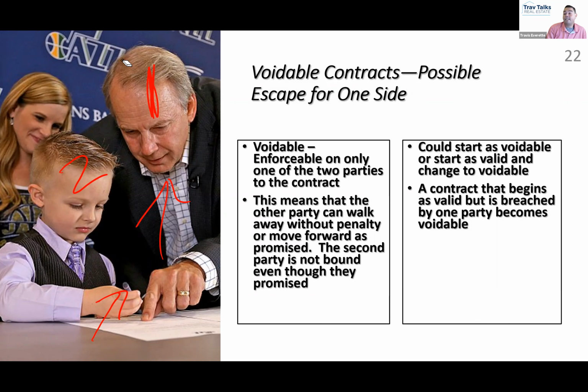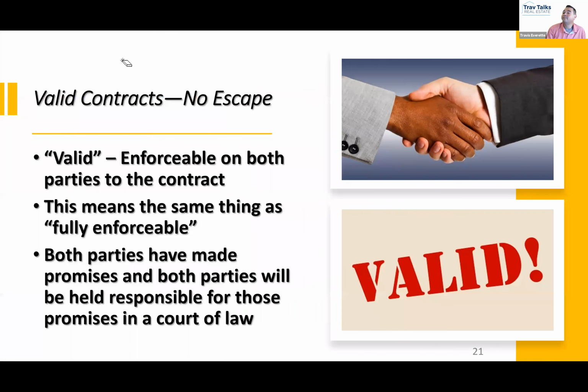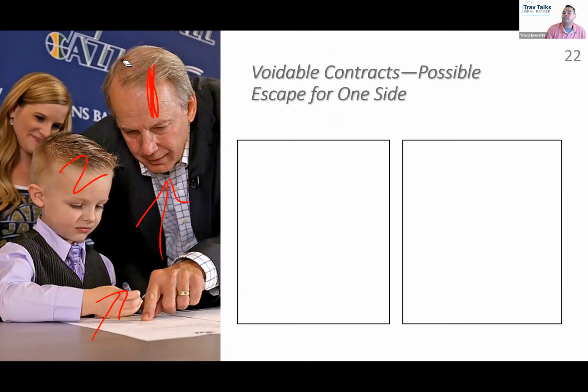Okay. Basically, if everybody knows what they agreed to and everybody's in line, what's our contract status? Valid. If everybody knows what they agreed to and everybody's in line doing what they're supposed to do, it's valid. If somebody doesn't know what they agreed to, it's what? Voidable. If everybody knew what they agreed to, but one person's out of line, it's also what?